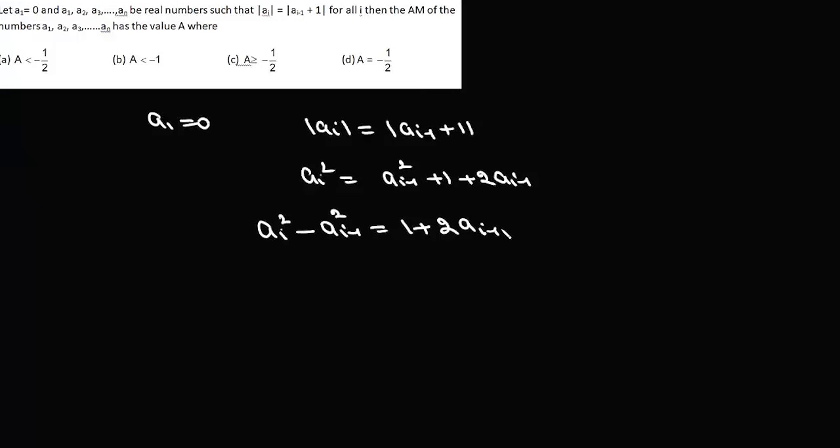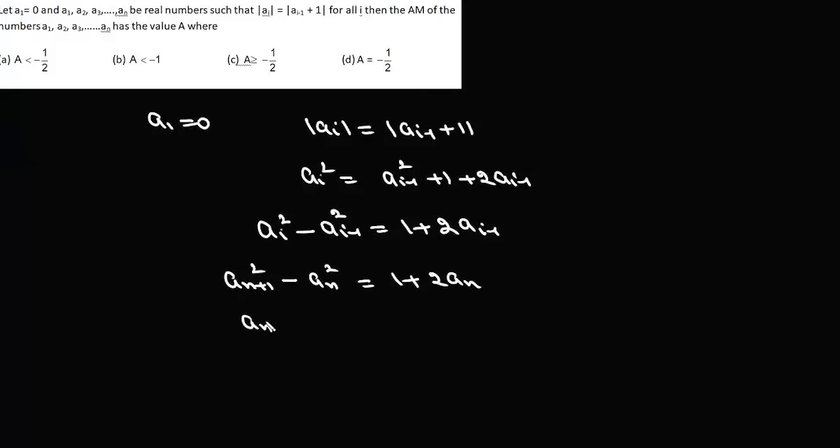Now for this a, what we'll need is A1 plus A2 up to An. So what we'll do is we'll start from A(n plus 1) square minus An square, and it will be equal to 1 plus 2An.